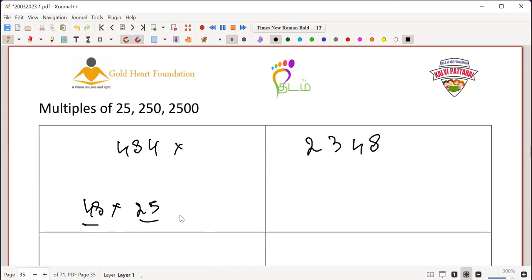How do you multiply? Or else you can use the shortcut. What would be 4 into 4 and 12? 2348.